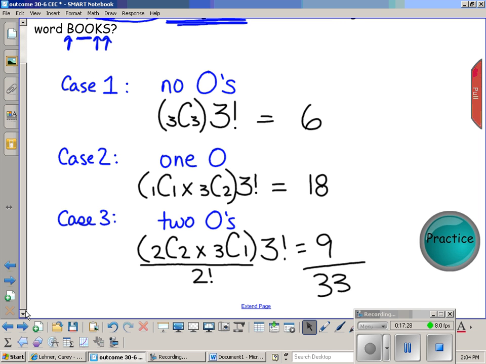And again, it's not a large number, so if you wanted to draw it out and visualize it so that you can see how 33 occurs, you could do that. So the biggest thing from today's lesson is you have to read the question and determine, is order important or is order not important? And once you have that figured out, it's just using either your permutation or your combination formulas.